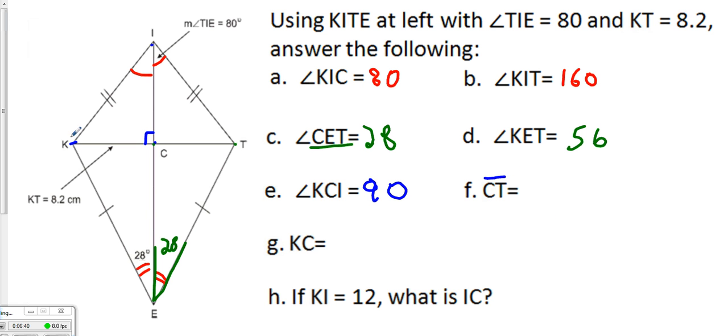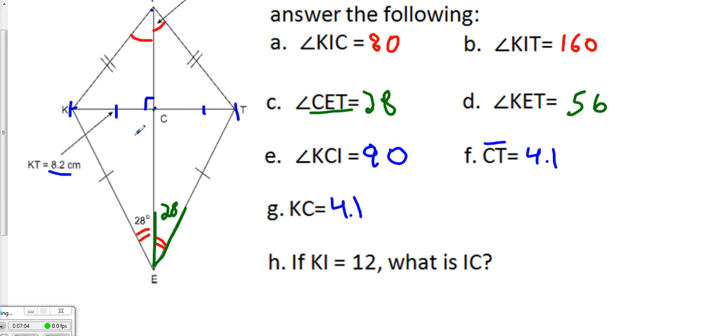Well, if this whole thing from K to T is 8.2, and these are the same, they cut it in half, and it would just be half of this 8.2, so it would be 4.1. And just this piece from K to C would also be 4.1.